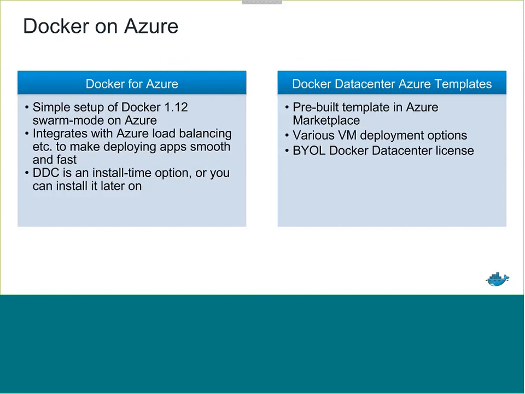It's Linux only at the moment, but we'll be adding Windows support later. And the neat thing is that it integrates tightly with Azure load balancing, so you just get a really functional, scalable Docker install on Azure right out of the gate. So if you want to try that out, go to beta.docker.com and sign up, or just ping me, and I'll get you into the beta.